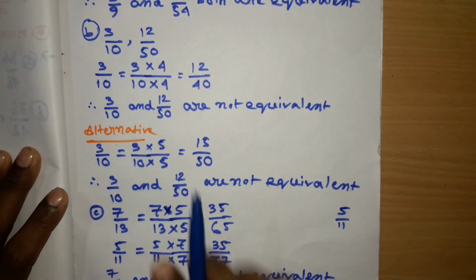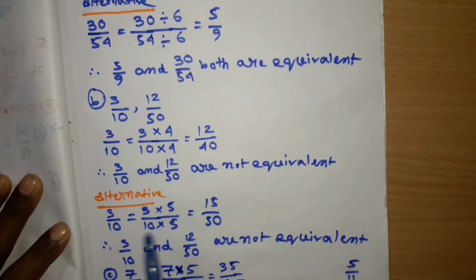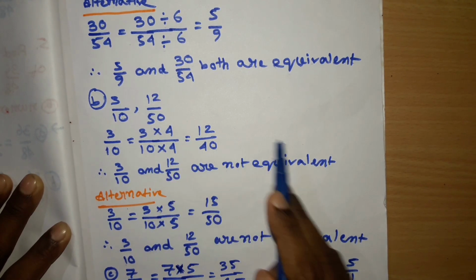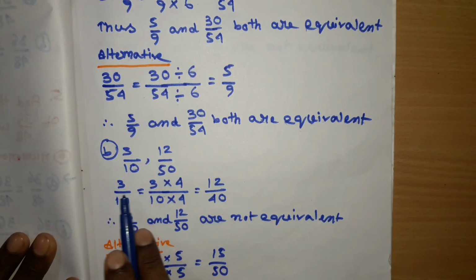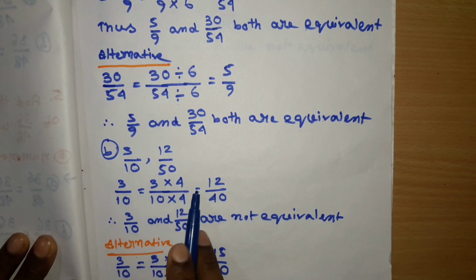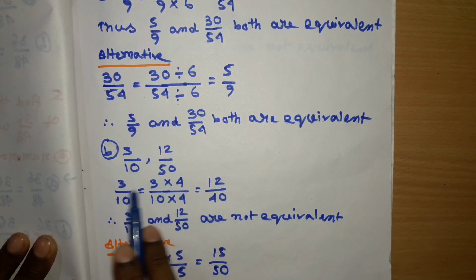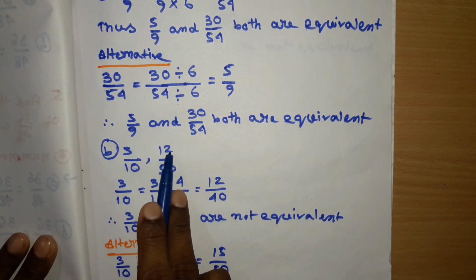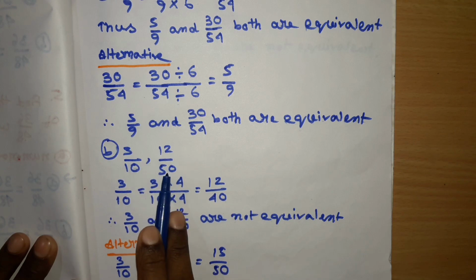Okay, so in number B, what we did, after multiplication we made the numerator equal, but the denominator is not equal.